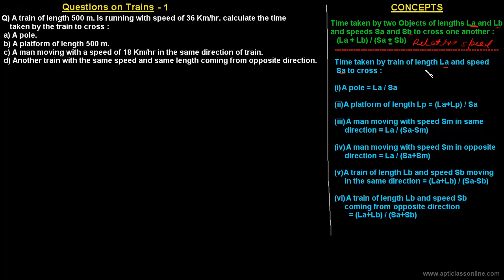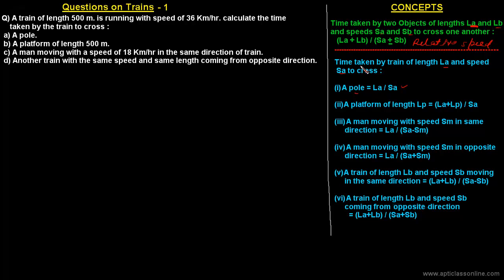That means there is a train of length LA and speed SA, and if the train has to cross a pole, since the pole is stationary, applying this formula, in the numerator the length LA, that is the length of the train, plus LB, since the second object, that is the pole, has no length, so LB equals 0. So LA divided by, in the denominator, SA, that is the speed of the train. Again, because the pole has no speed, SB equals 0. This is the first case.